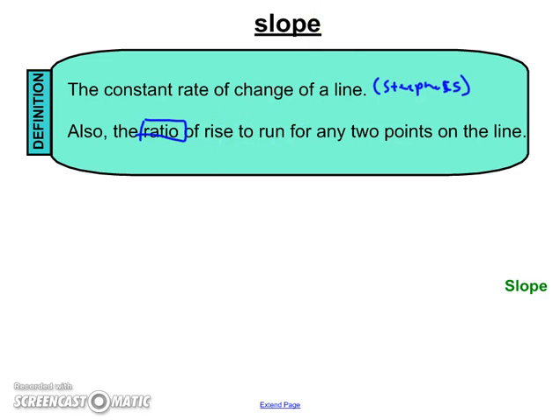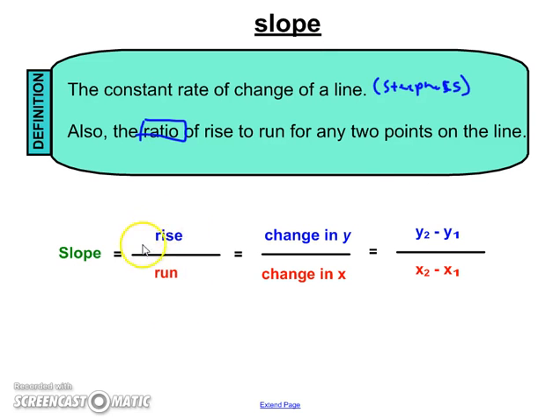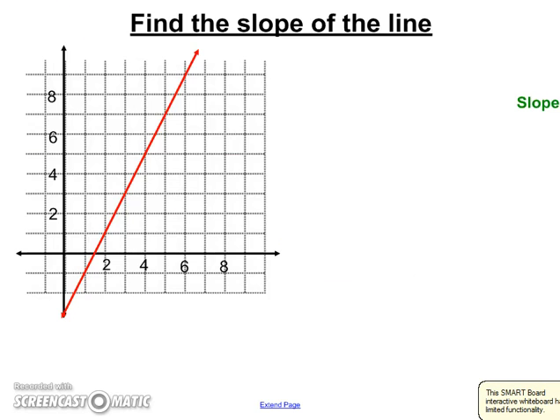And this is rise over run. So if I want to figure out how steep a line is, right now I'm going to focus on this part right here, although the change in y over the change in x you should recognize from the last section. We're going to focus at least right now on rise over run. Slope is the relationship of rise over run, rise divided by run. And I'm going to show you how to do that right now.